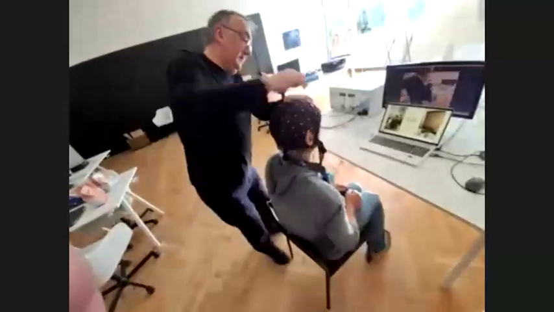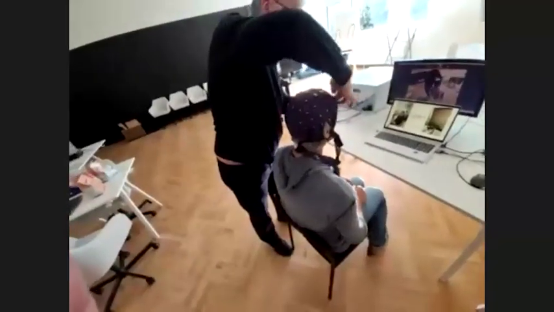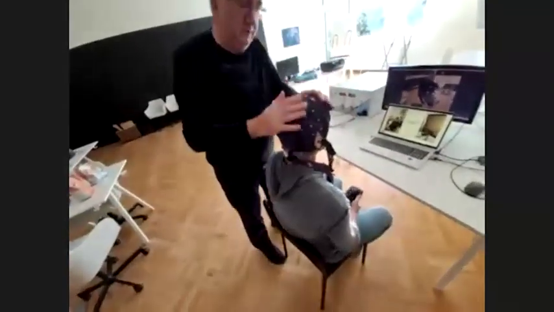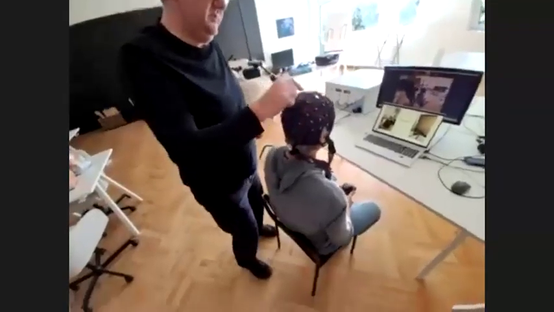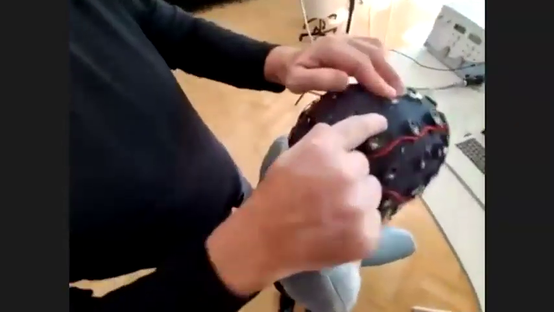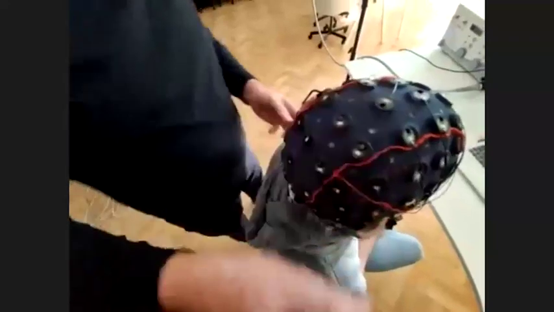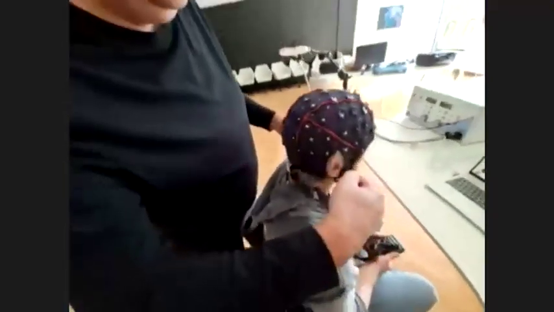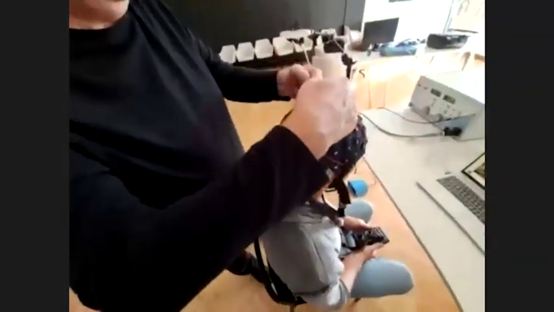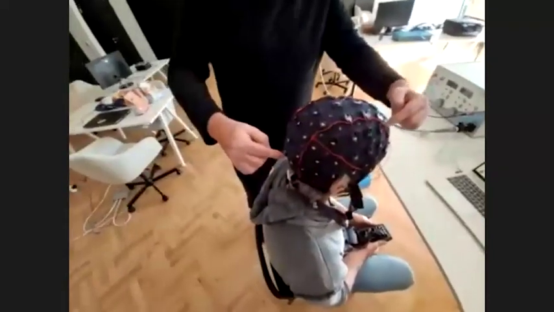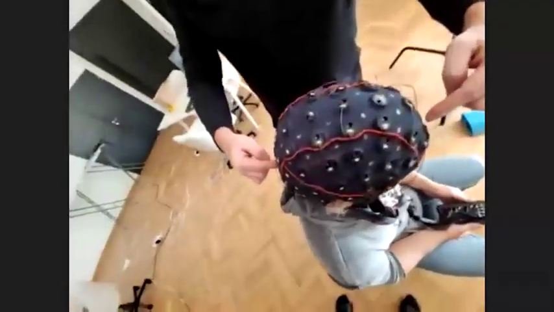Then the caps have predetermined positions. You are worrying about two things. First is the position of the electrode, which is this one, number 30. It should be in between the ears and on the crossing of the imaginary line between the nasion and the inion.